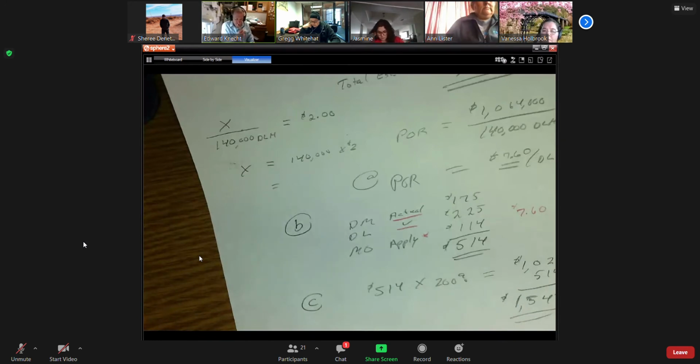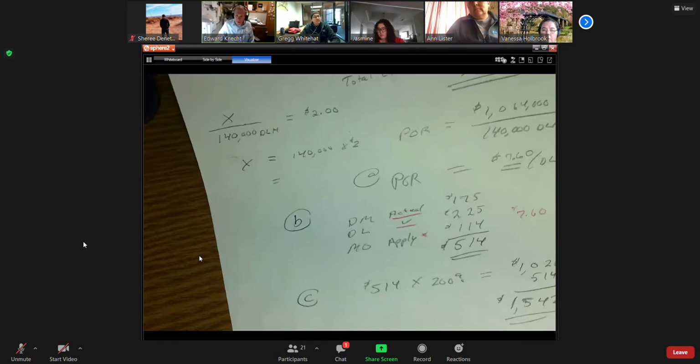So let's see what they have. How come they have a different number? Oh, this is machine hours versus ours is direct labor hours. That's why I'm not looking at the right solution. So is everybody in agreement here?